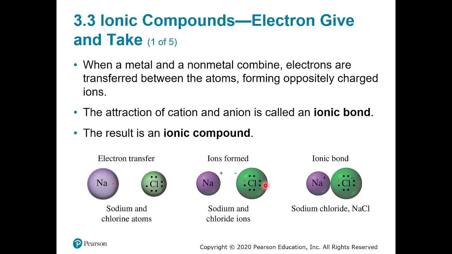If you lost 2 electrons, what would happen? Twice as positive. No, you're exactly right. You'd be 2 plus, right? 2 positive charges. Right now, we're a 1 positive charge. And so this right here is then what's referred to as ionic bond.